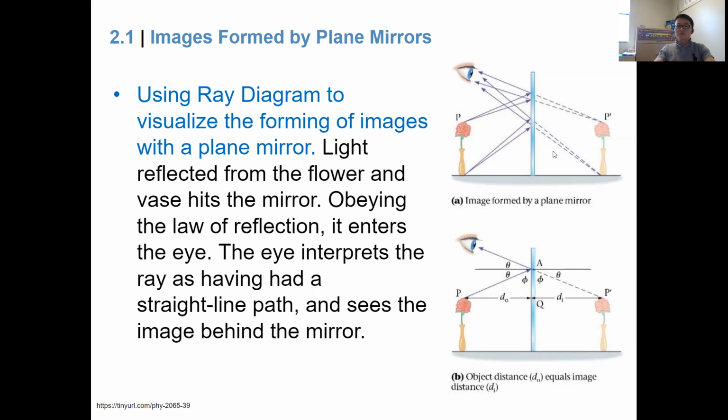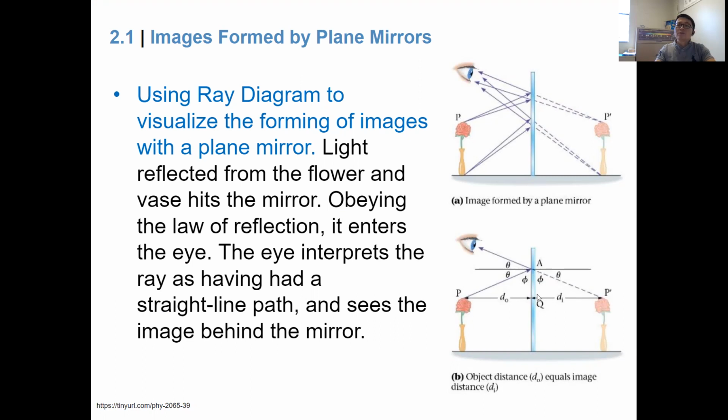Okay. So according to that, let's take the top of the object here as the example. So you get one ray going up there. We'll just look at one of the rays, and it gets reflected into your eye. So then back extended, this is where the image of the top of the object will be.